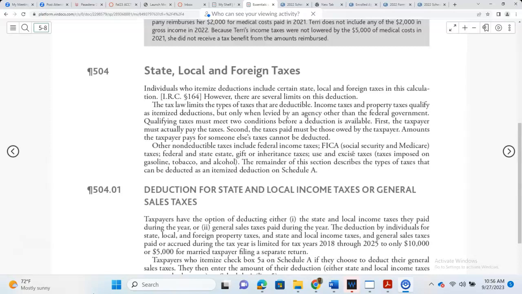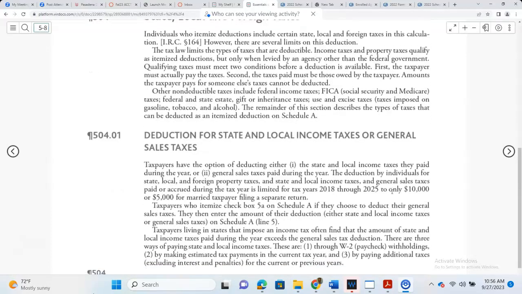Use taxes are charged for using some type of property in a business. Those types of things, they charge you use tax. Taxes imposed on gasoline, tobacco, alcohol. The remainder of this section describes the types of taxes that can be deducted as itemized deductions.